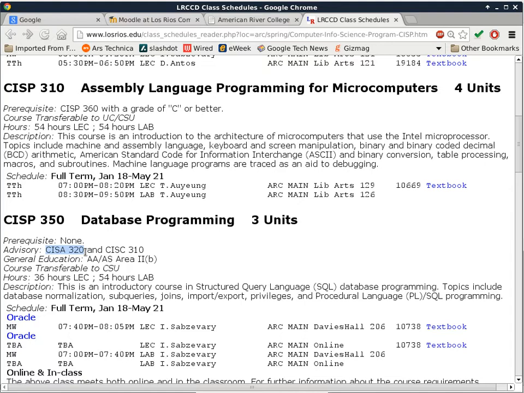This used to be taught by Professor Fox, but since he's retiring, I'm picking up CISP 440 from him. It's really kind of open. I said to all the other professors, if they want to teach those classes, they're more than welcome to. But nobody wants to teach CISP 440, so it's me again.